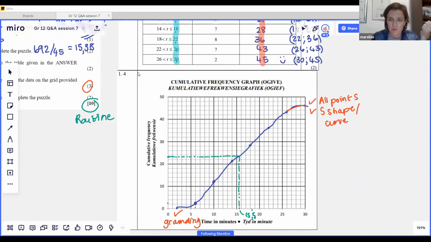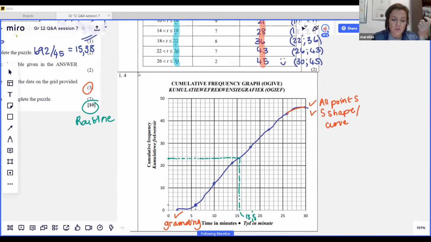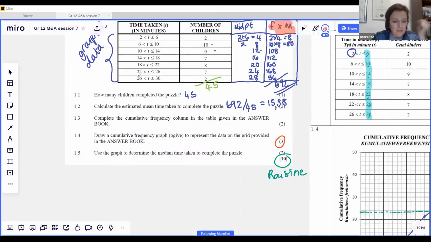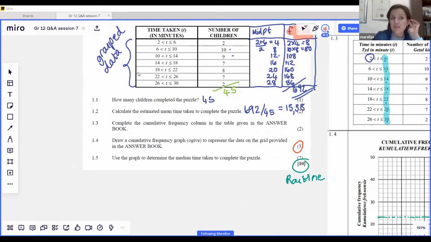And I have to revise estimated mean, median, all of those things. Because in paper 2, your data handling, the stats, is really the marks that you cannot afford to lose. Paper 2 is the more challenging paper and stats is the easiest part of the paper, so you have to get as many marks as possible in this section.